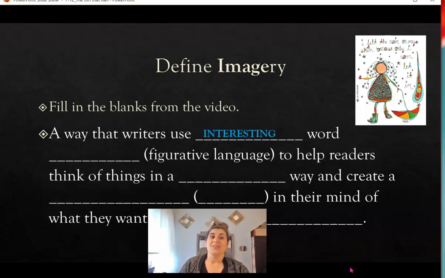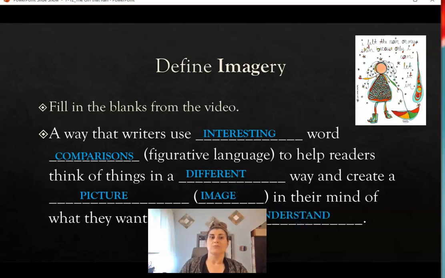So the definition is a way that writers use interesting word comparisons. Now remember, comparisons are things that are similar. And this is, again, another type of figurative language to help readers think of things in a different way and create a picture or image, hence the word imagery, in their mind of what they want the reader to understand.